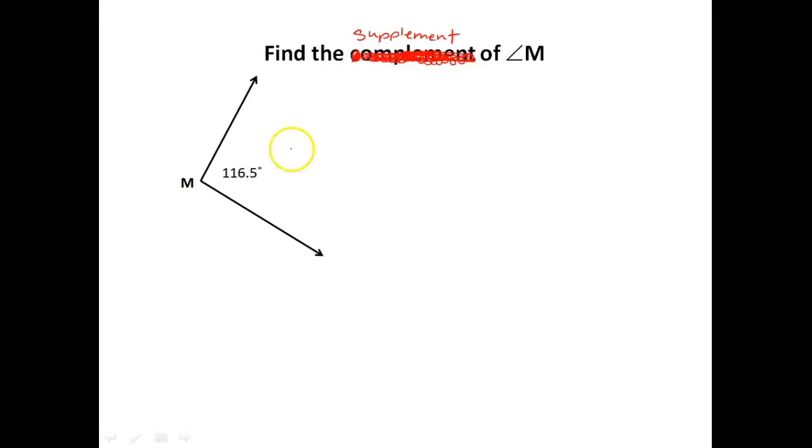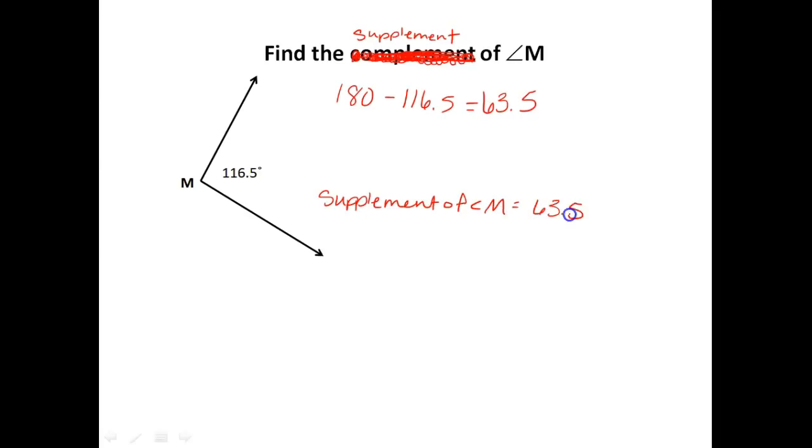Why can I not find the complement of angle M? All right, find the supplement of angle M. So we have supplement is 180 minus 116.5, and you should get 63.5. So the supplement of angle M is 63.5 degrees.